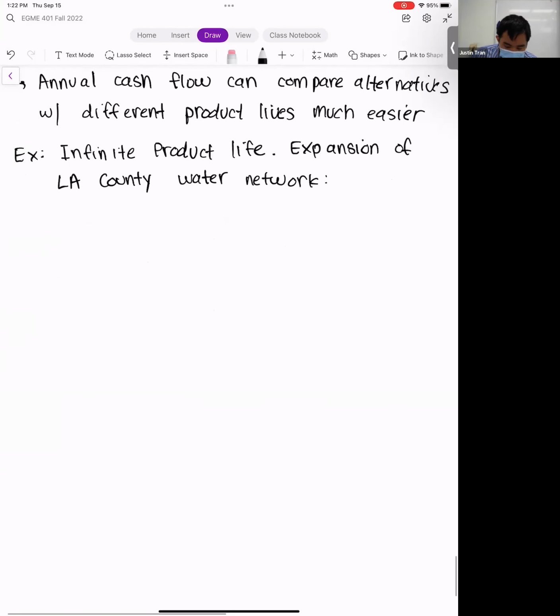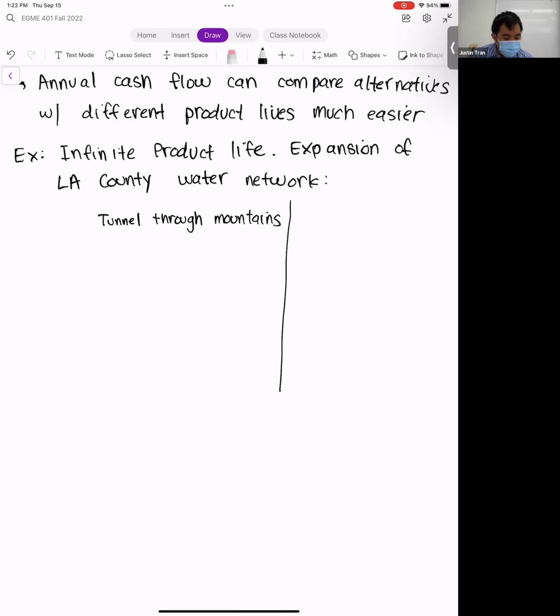There are two options being considered for this expansion. One option is to make a tunnel through one of the local mountains. And another option is to make a pipe and have that pipe go around the mountains.